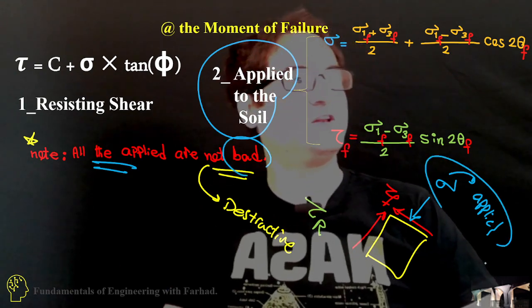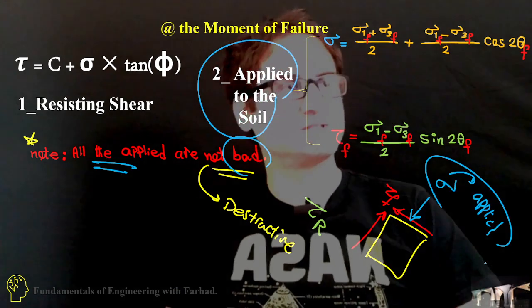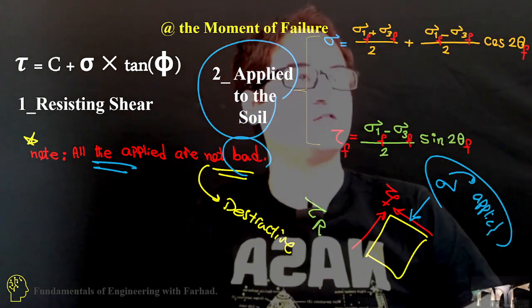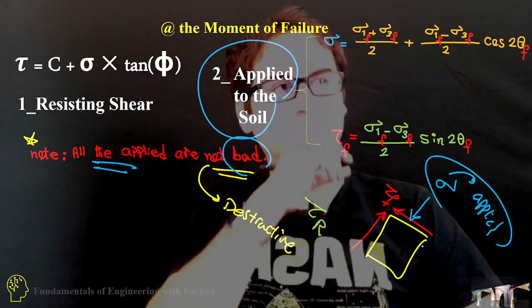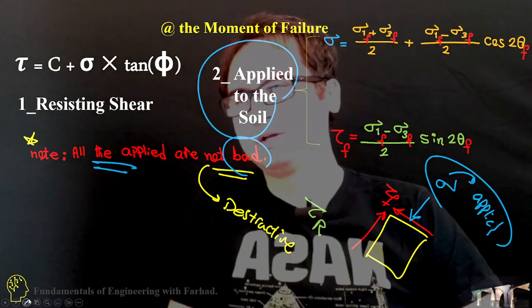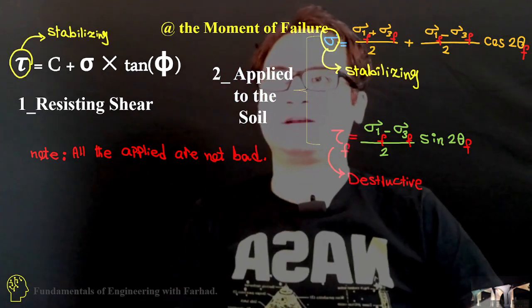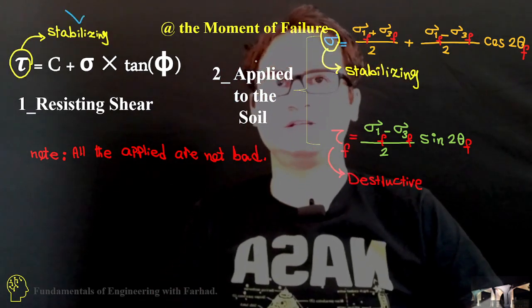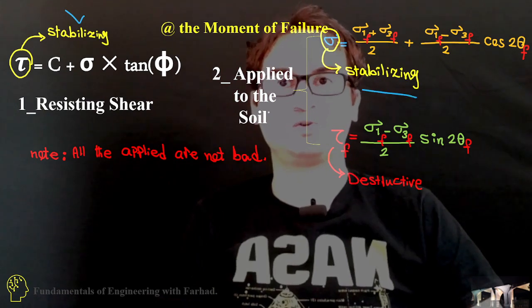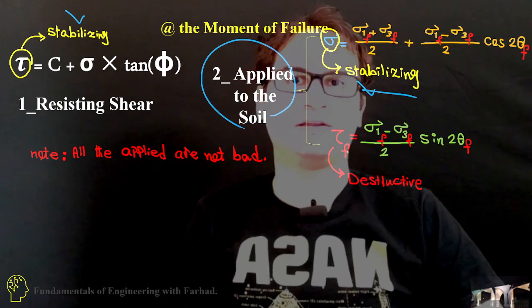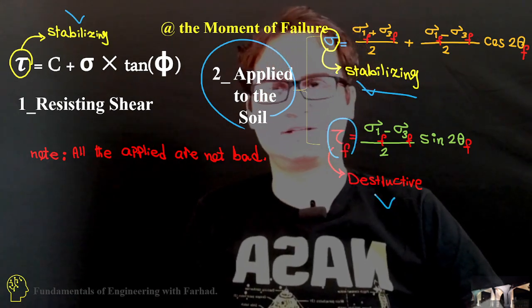This is a kind of stabilizing force. It makes the soil more condensed and helps the soil. It's not going to shear the soil apart. So we can call this a stabilizing force. This is the nature of applied force, but only tau F is a destructive force.